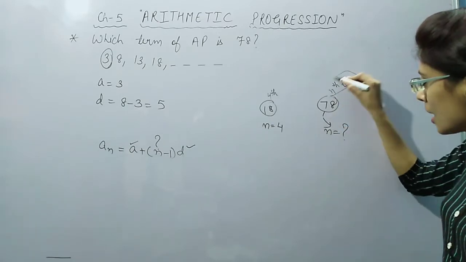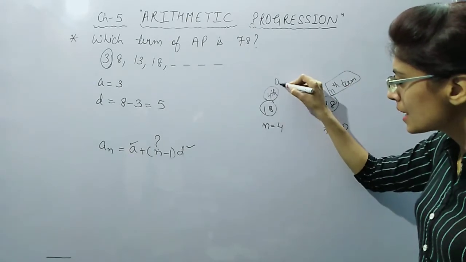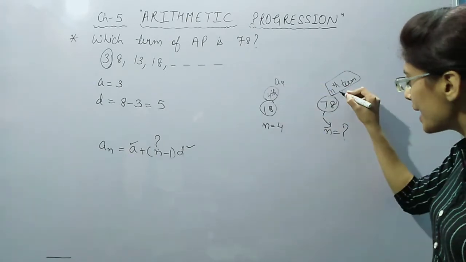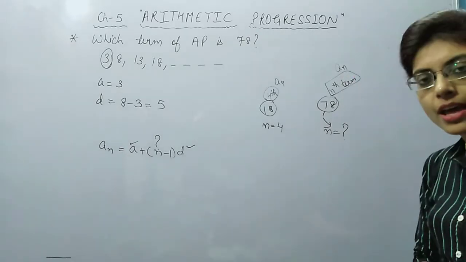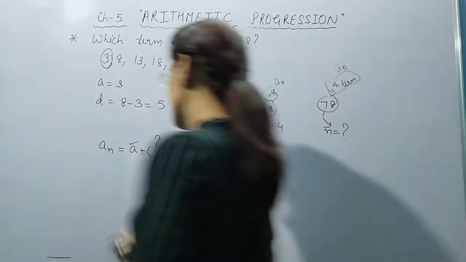And how do we write the nth term? The fourth term is written as a4, the nth term is written as an. So an is 78.